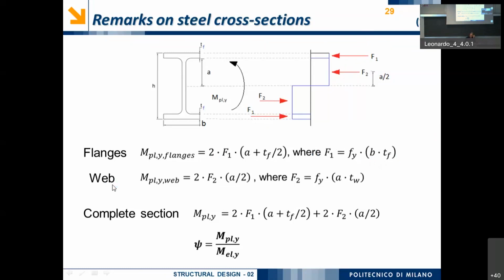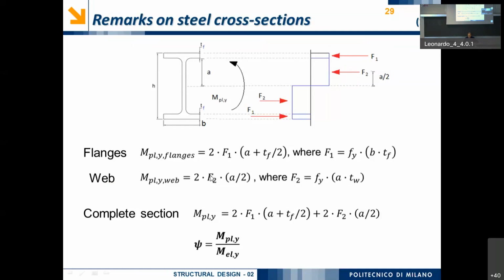Similarly, the plastic bending moment in the web is equal to F2, and F2 is equal to Fy times A, the height of half the height of the web, times the thickness of the web.